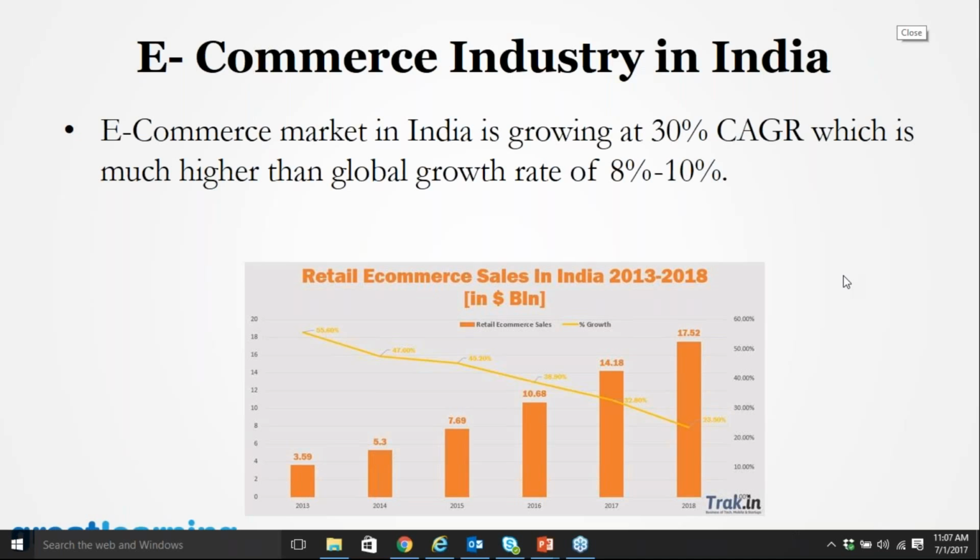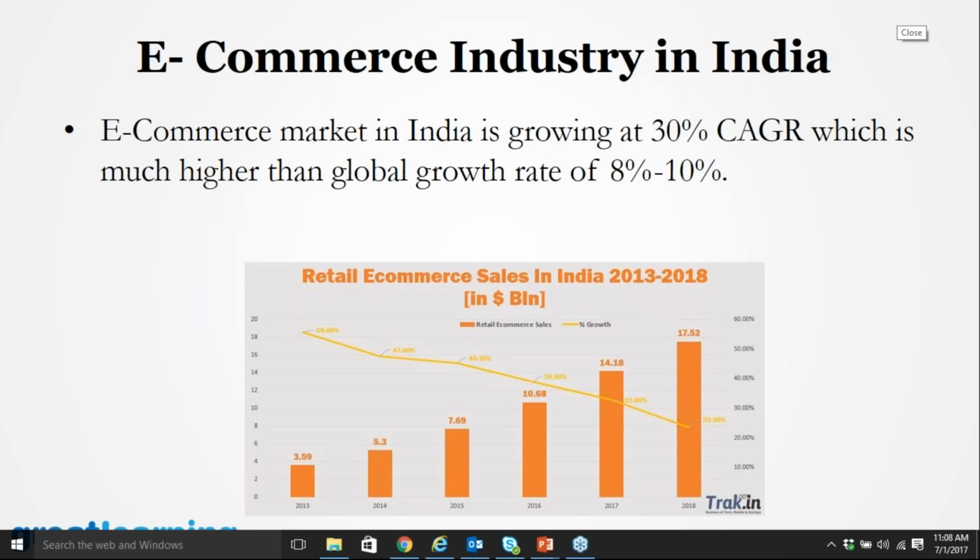Okay, so what I was saying is it's growing at a 30% compounded annual growth rate, which is much higher than the global growth rate. Now, if you see in 2013, the growth was 55.6% because that's where it was actually coming up. Although the growth has slowed down a bit, the total volume is increasing.